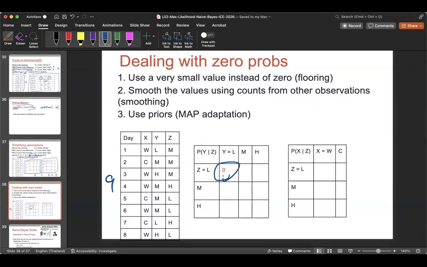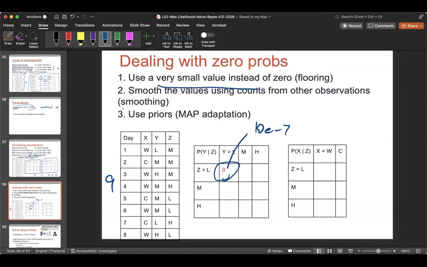There are many ways that people deal with zero probability in real life. One technique is to use a very small value. Let's say, instead of 0, I say this is 10 to the negative 7, a very small probability.